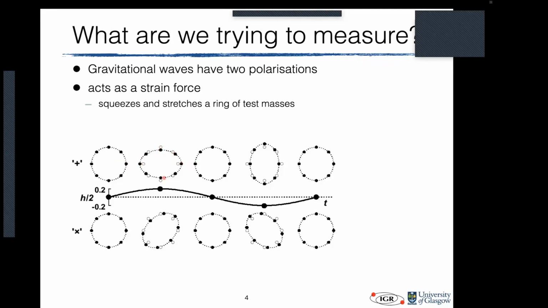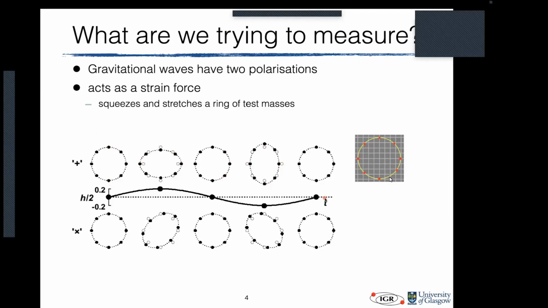So the empty circles are a reference for the rest locations. And so they're stretched here and they're squeezed here, and then it's returned back. And then at a later time, it is squeezed in that direction and stretched in the other. There's an animation here that shows the gravitational wave squeezing and stretching like this.